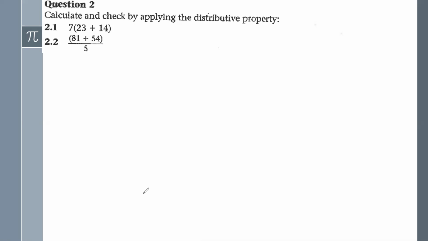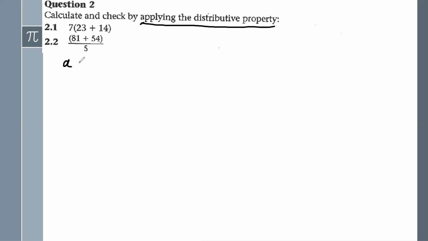Again, we're looking at the second question here of this revision material. Take note here, we have to calculate and check by applying the distributive property. Now, what does the distributive property say? Remember, this is what it says.